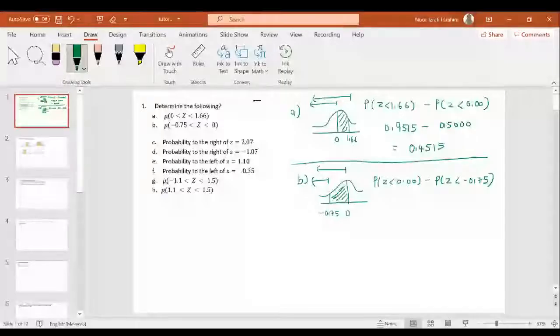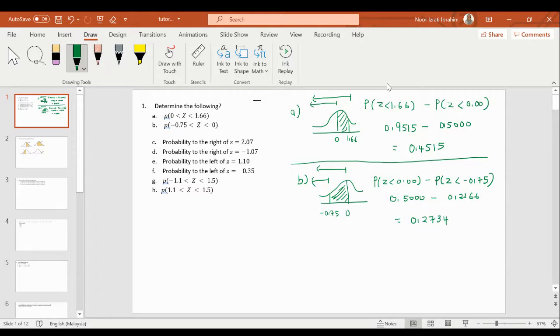And to get the value of the probability, we have to refer to the table. It will be 0.5000 here minus 0.2266. Then this will be equal to 0.2734.